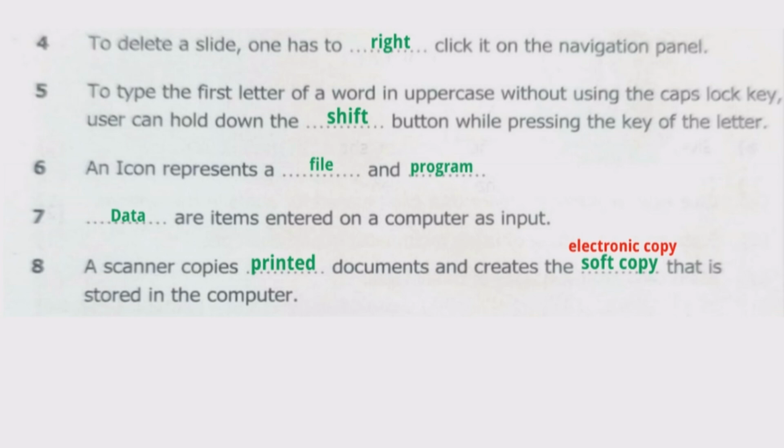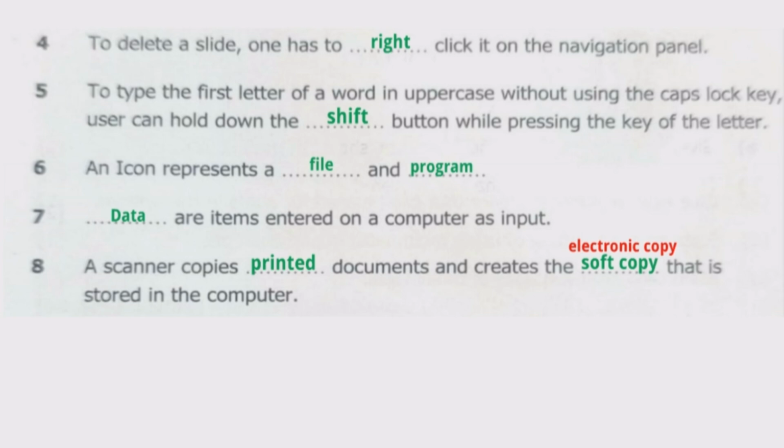So a printed copy, like a paper that is printed, is a hard copy, and then it is scanned and turned into a soft copy. The only thing is, when you say hard copy, that means it is generalizing everything that is hard copy.